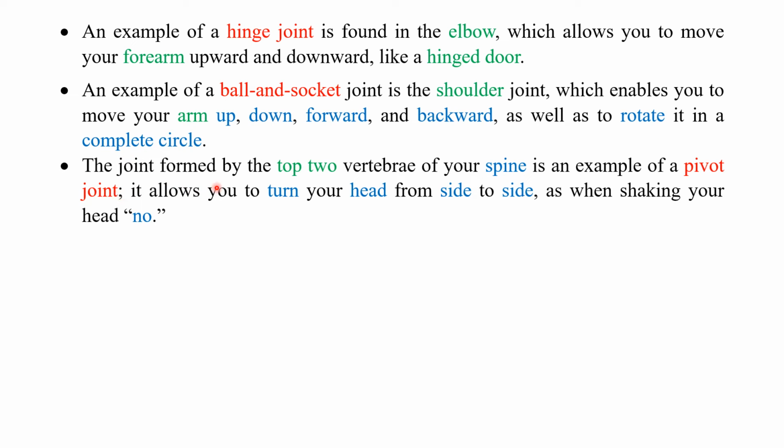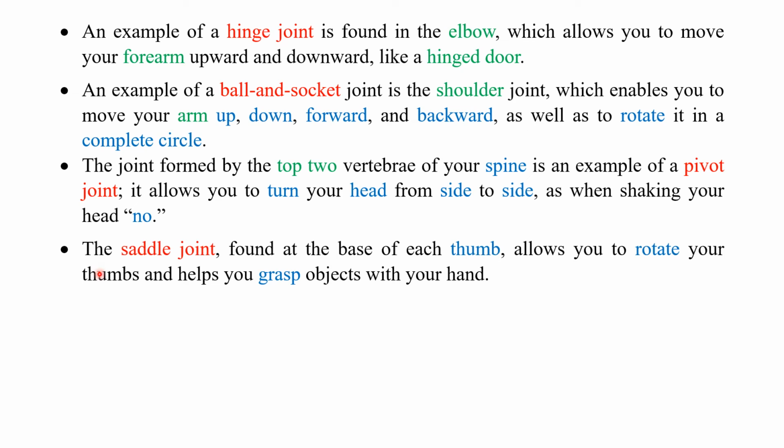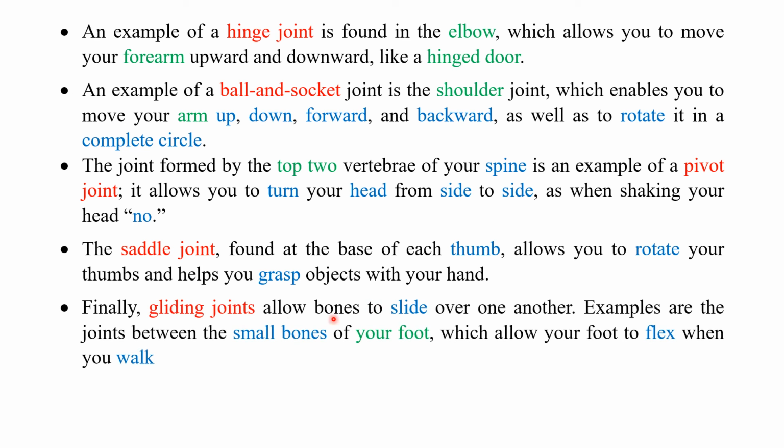The joint formed by the top two vertebrae of your spine is an example of the pivot joint. It allows you to turn your head from side to side as when shaking your head no. The saddle joint found at the base of each thumb allows you to rotate your thumbs and helps you grasp objects with your hand.